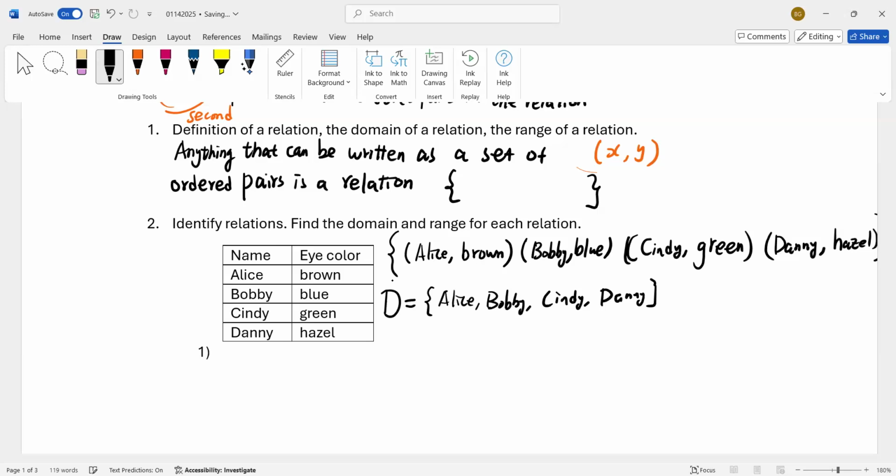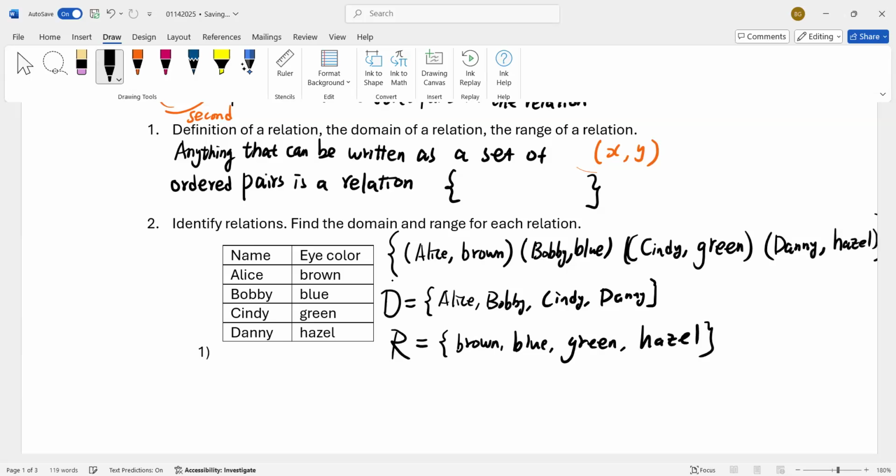So those names together make the domain of the relation. What about range? We need to know the 2 concepts, domain and range. Range contains all the second components in the relation. So it has brown, blue, green, and hazel.